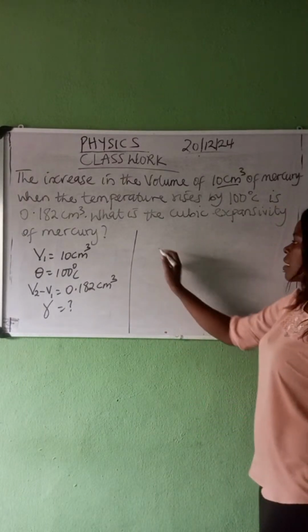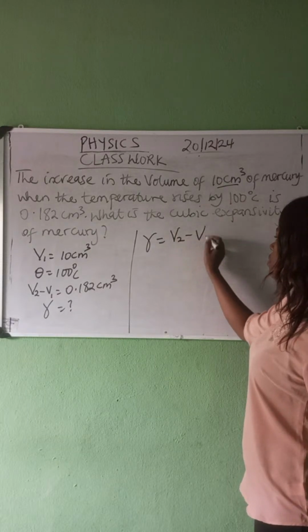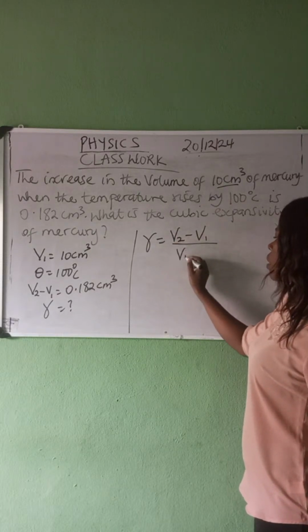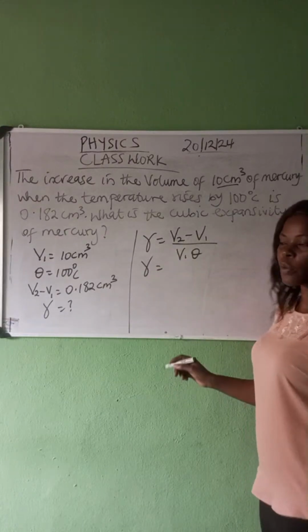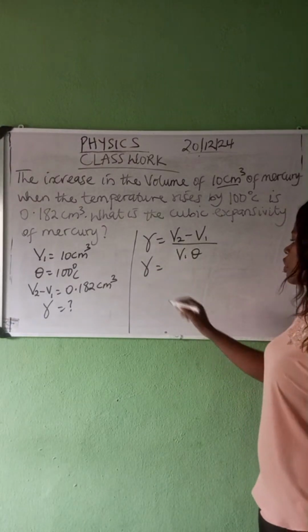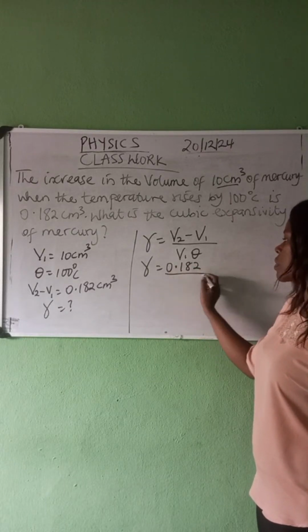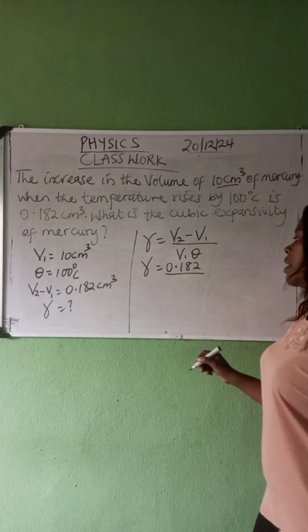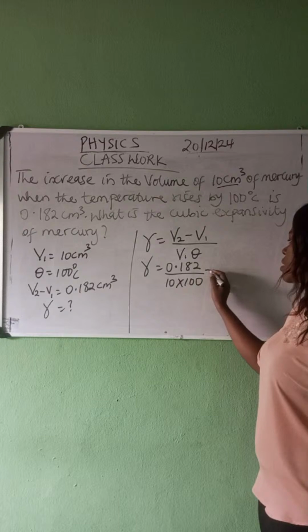Now this is just the parameters given. For us to get gamma, gamma is equal to V2 minus V1 all over V1 theta. From the question, we are given our increase in volume to be 0.182, all over my initial volume, which is 10, multiplied by 100.